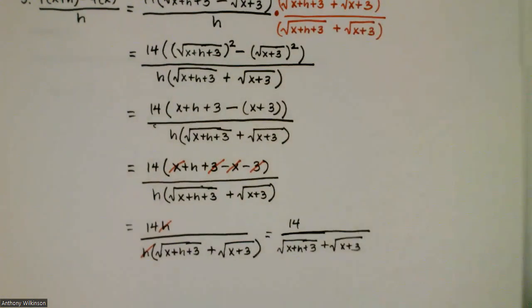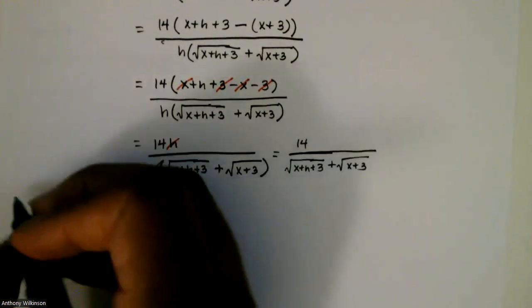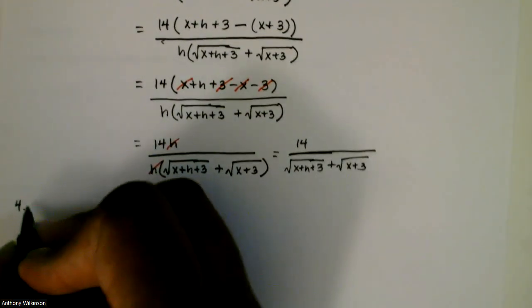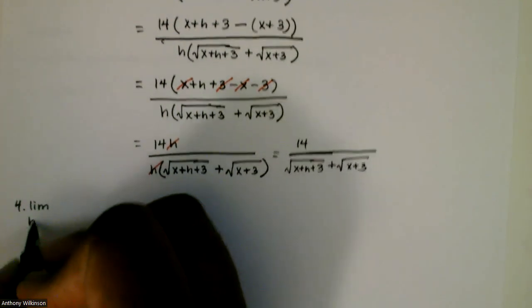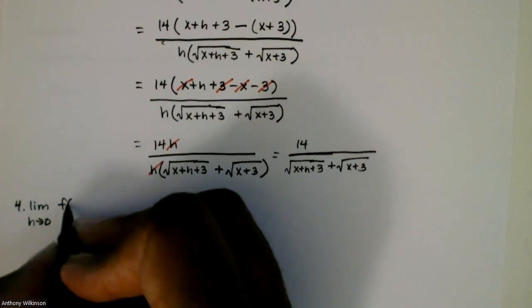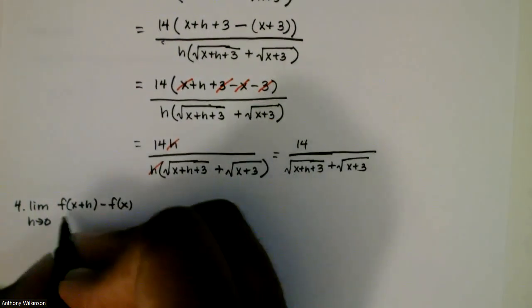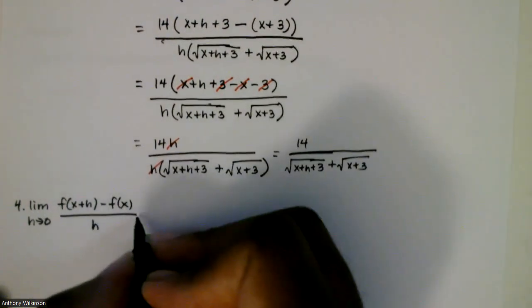And then finally, step number 4 is to take the limit as h approaches 0 of f of x plus h minus f of x divided by h.